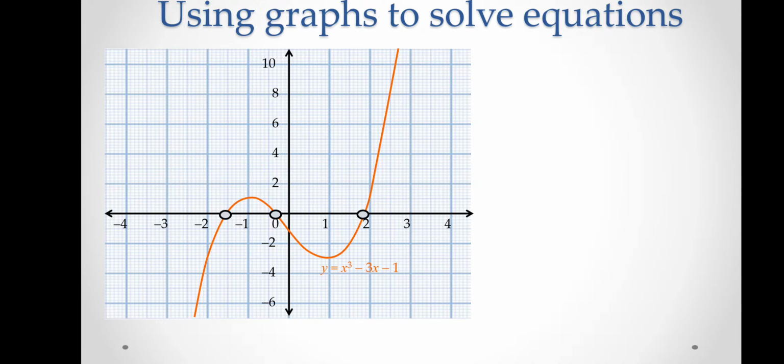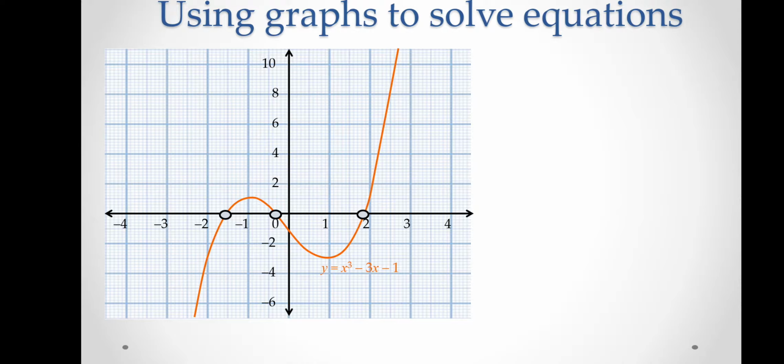First, the cubic graph x cube minus 3x minus 1. Then y equals 0 means the x-axis. We know that the line y equals 0 represents the x-axis. So the points where it cuts the x-axis represent the solutions. Here we can see three intersection points.